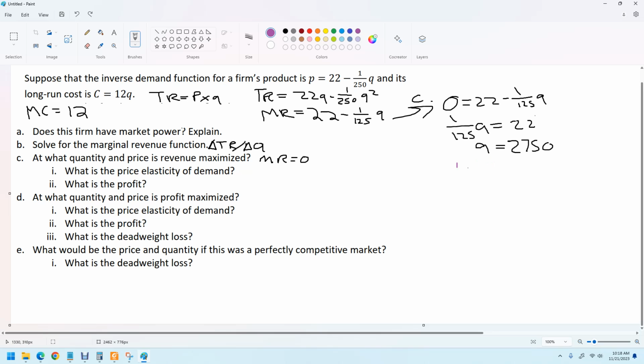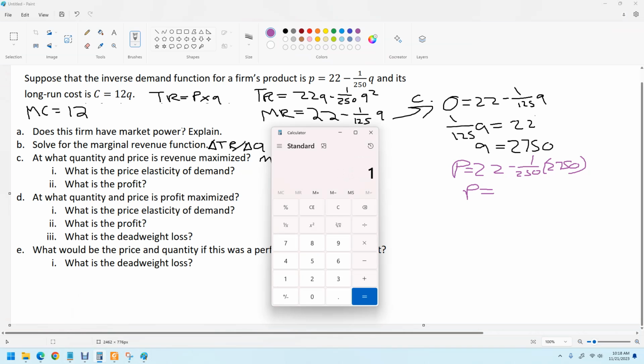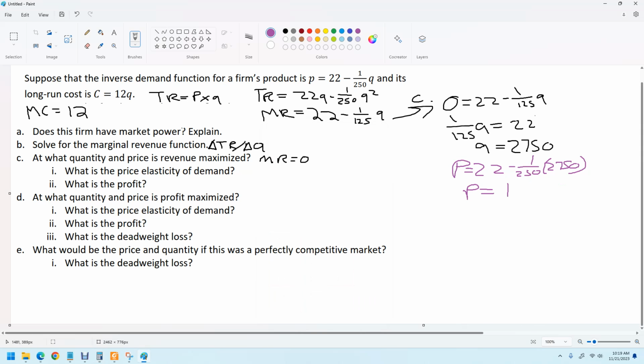So price equals 22 minus 1/250th times 2,750. 1 over 250 times 2,750 is 11, and 22 minus 11 is 11. So the quantity is 2,750 and the price is 11.